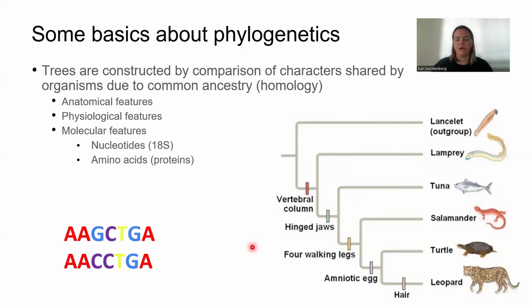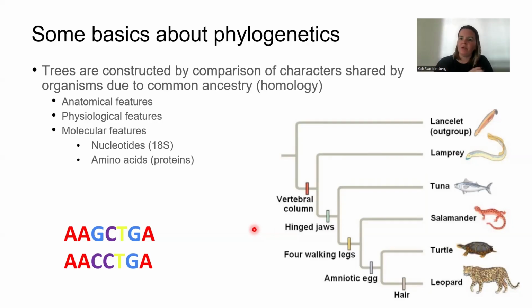We can also use physiological features, like whether or not they have certain functions or certain proteins or enzymes, in order to create our phylogenetic tree. But the more common, especially right now, is using molecular features. Those can be either nucleotides or amino acids.